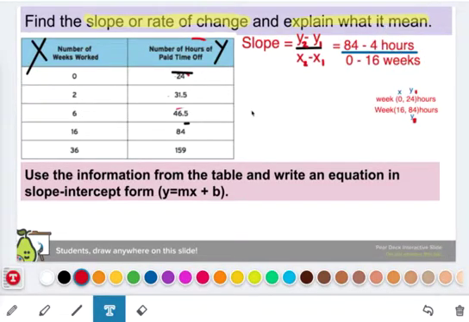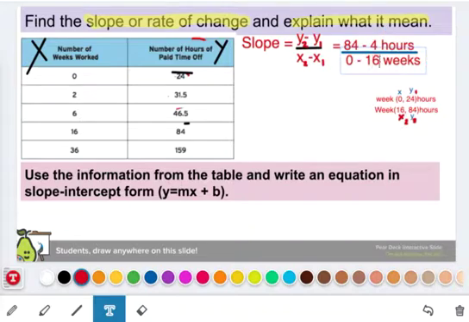Subtract them. So basically you get, that's incorrect. You can't do it that way because it's x sub 2 first, and the bottom we said was the 2, so it has to be 16 minus 0.